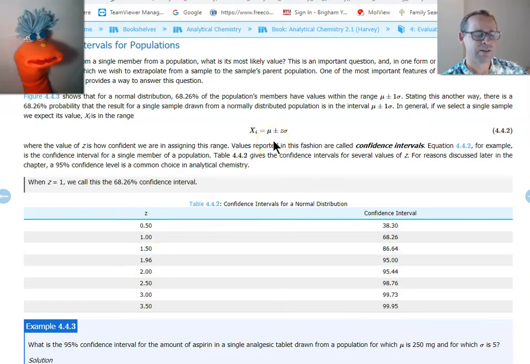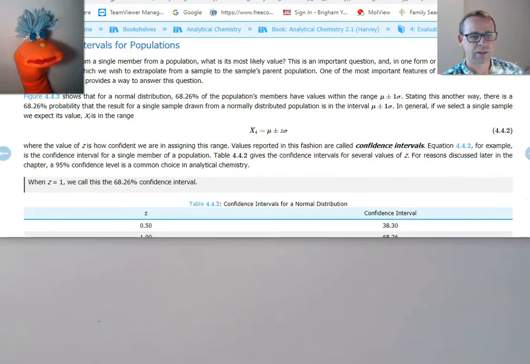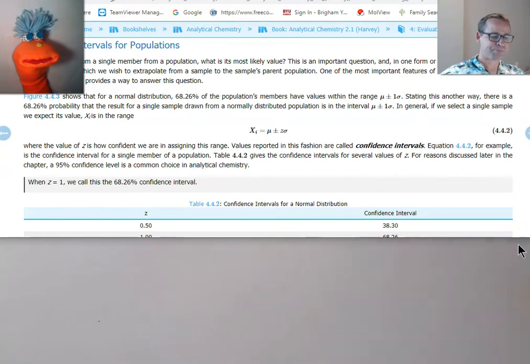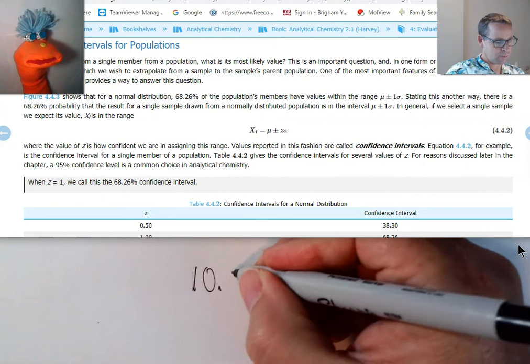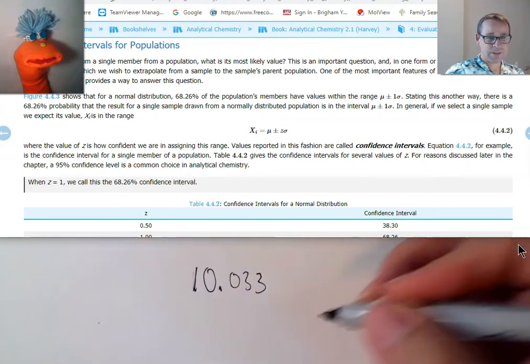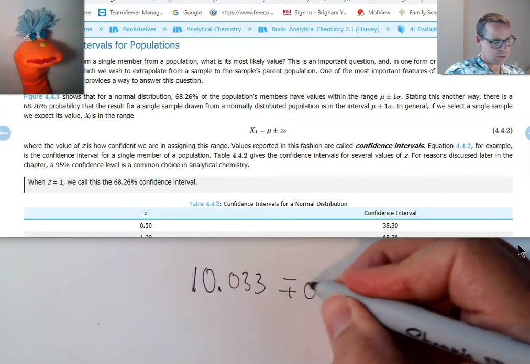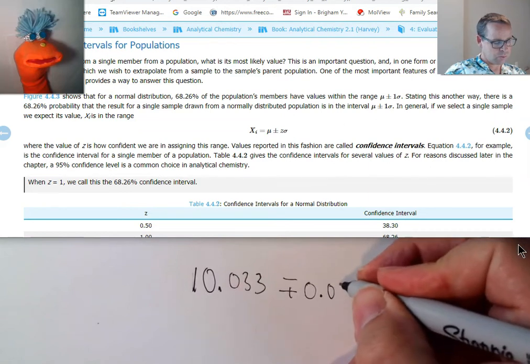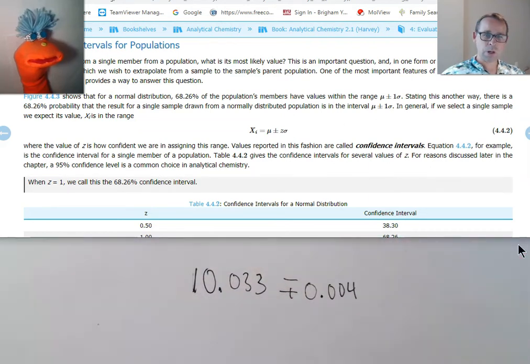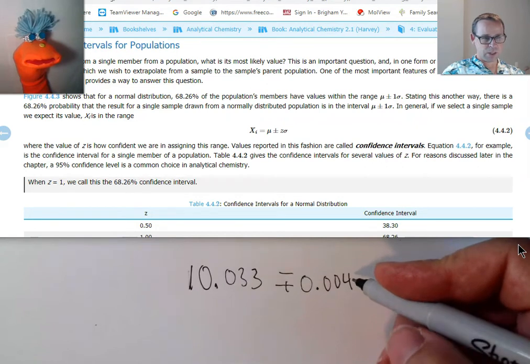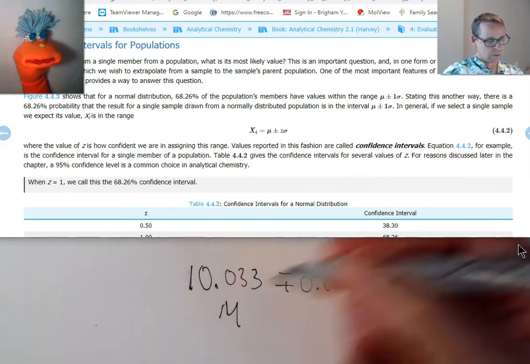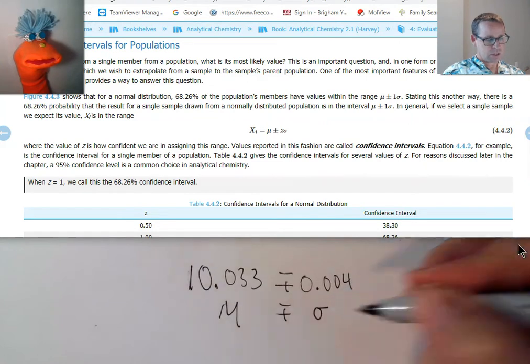So if I have a number where I say the resulting value that I got for my measurements was 10.033 plus or minus 0.004, so I've got my standard deviation. From that statement, here's my average, here's my plus or minus standard deviation.